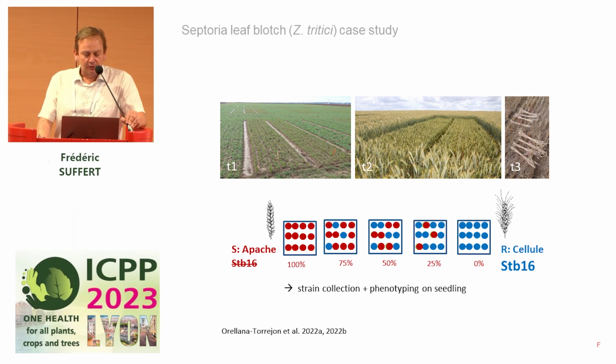The two cultivars were Apache, a susceptible wheat cultivar, and Cellule, which is supposed to be resistant, but in fact it carries a resistance gene that was overcome recently.